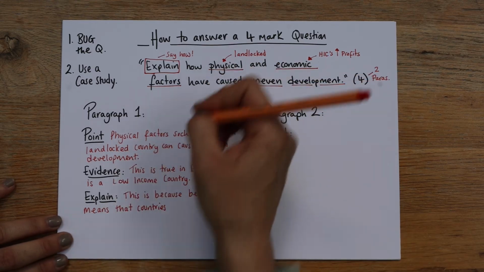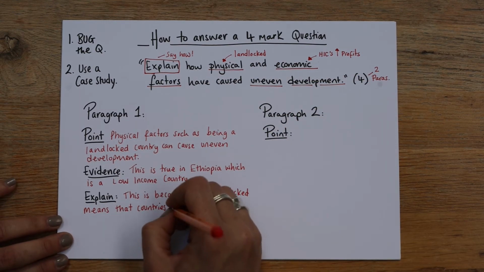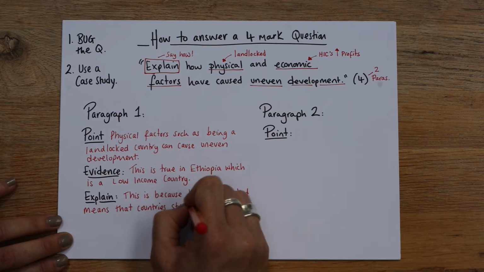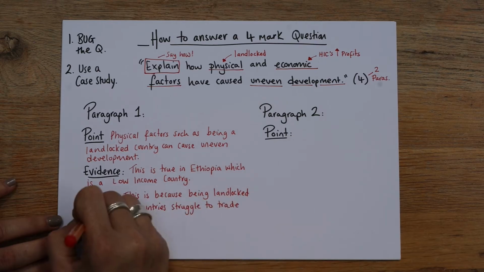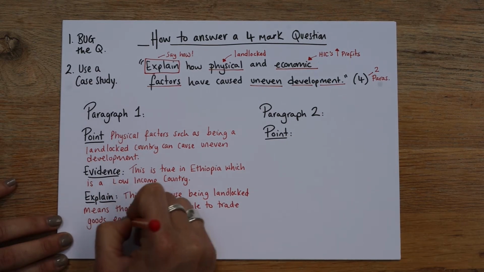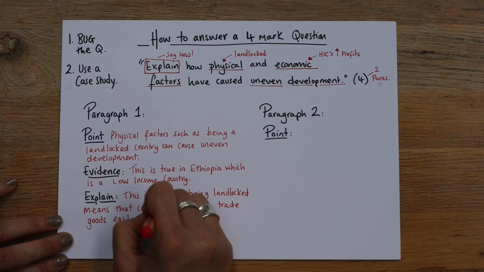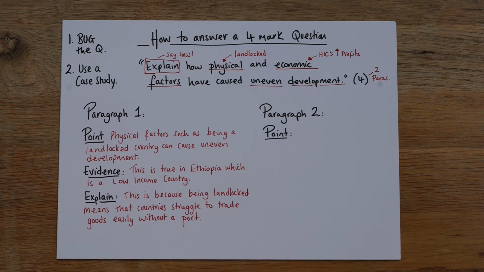Okay, so this is a really good one to talk about. This is because being landlocked means that countries struggle to trade goods easily without a port. Okay, so we've explained our point.